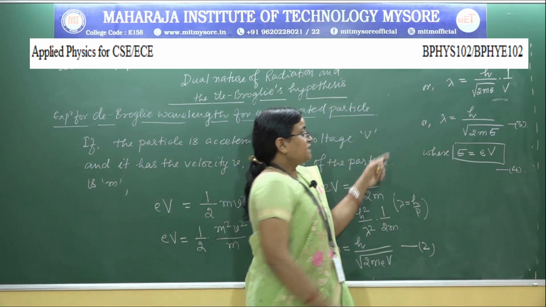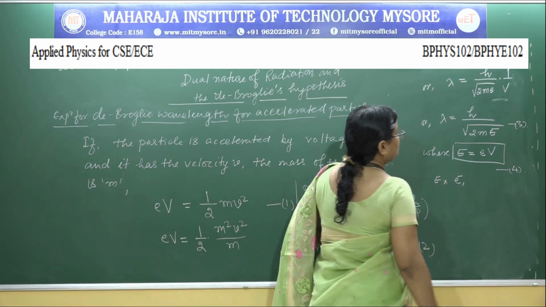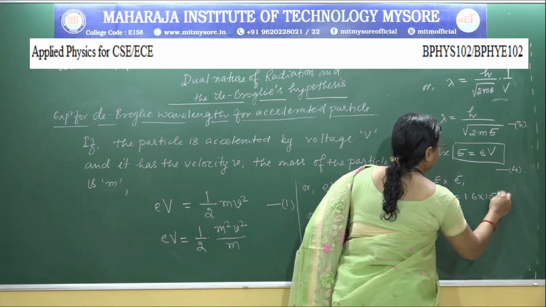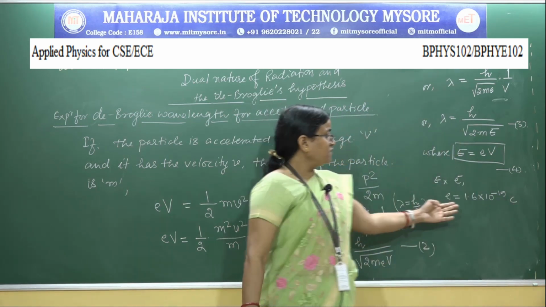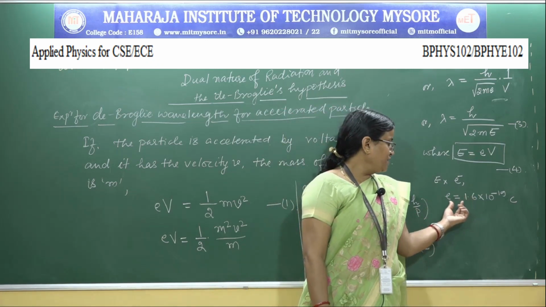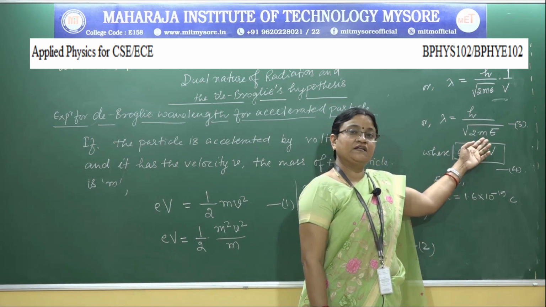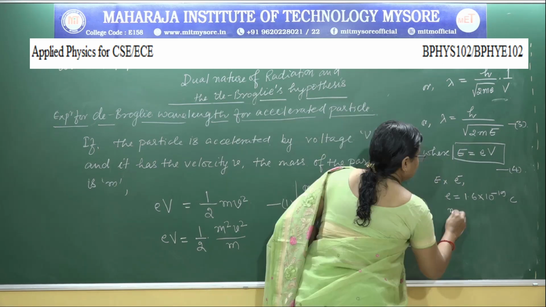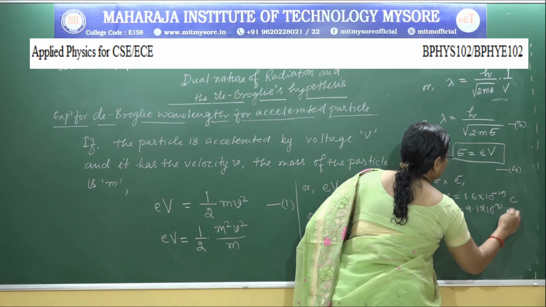Now let us take the example of an electron. What we know, the charge of the electron is 1.6 into 10 to the power minus 19 coulomb. While solving, we know the charge of the electron is negative, but we neglect the negative sign and do not substitute the negative value. And the mass of the electron is 9.1 into 10 to the power minus 31 kg.